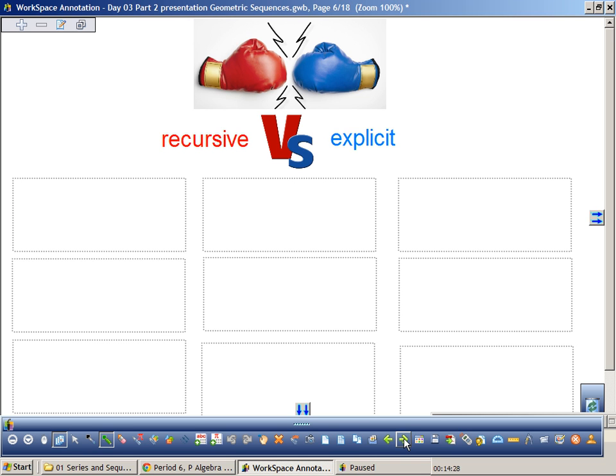And then recursive, let's remind ourselves from our bubble map, what's that key word or that key fact in the recursive? Previous term. What's the key one in the explicit? First term. So if you see a first term, you don't even have to worry about whether or not it's talking about a previous term. Just think about that. If there's a first term in there, it's got to be an explicit formula. Okay? Let's try it.